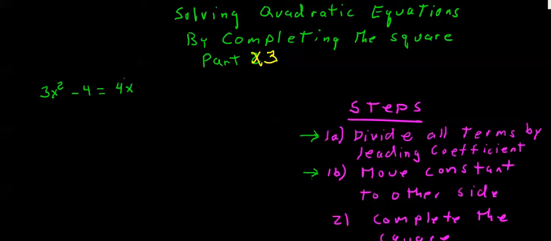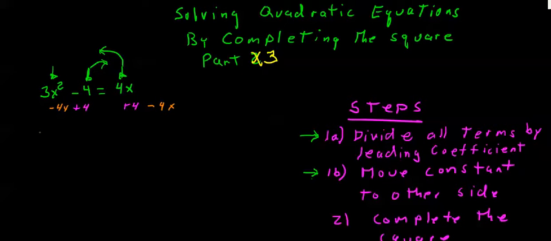I need my linear term and my quadratic term on the left-hand side, and I need my constant on the other side. So I'm going to add 4 and subtract 4x to both sides.